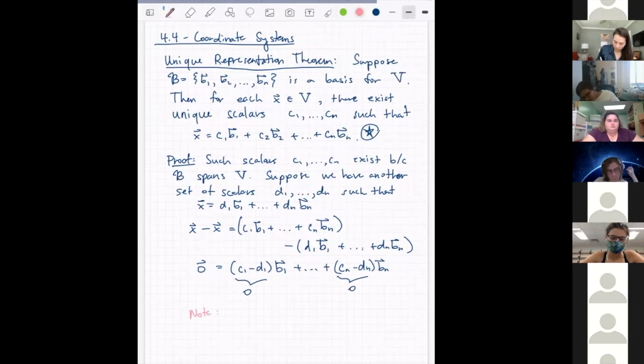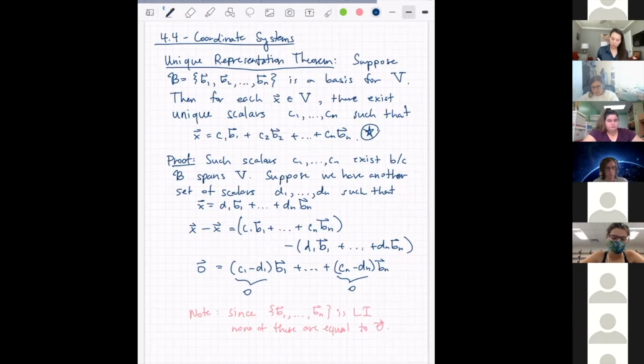Note, since this is linearly independent, none of these are equal to the 0 vector.